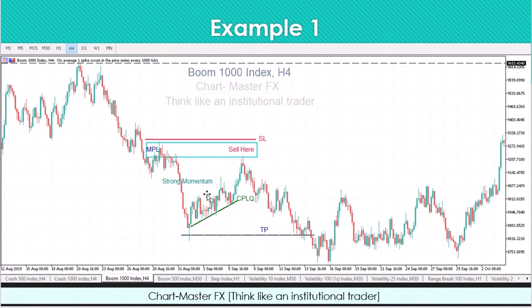I will also put that video in the description so that you know what happens when you are talking about momentum shift. Basically, momentum shift happens when there is a strong momentum to the downside and the price moves with slow momentum as it is going up. So that's what we call momentum shift.